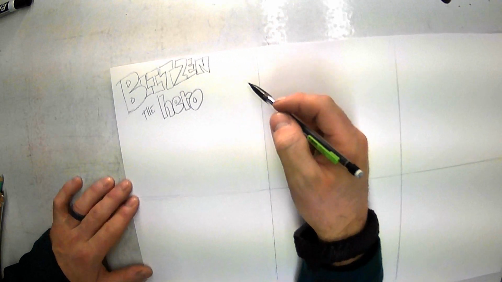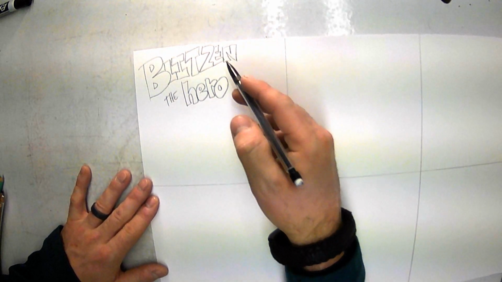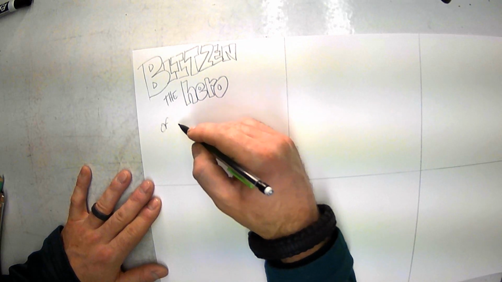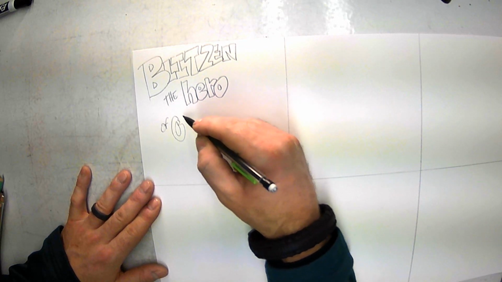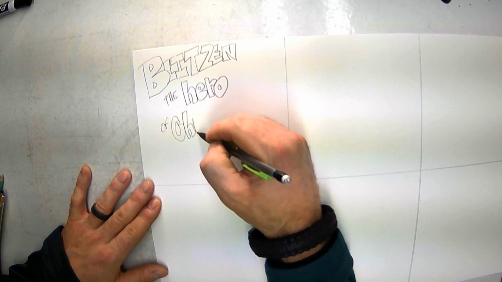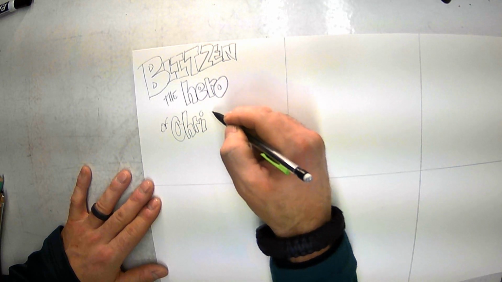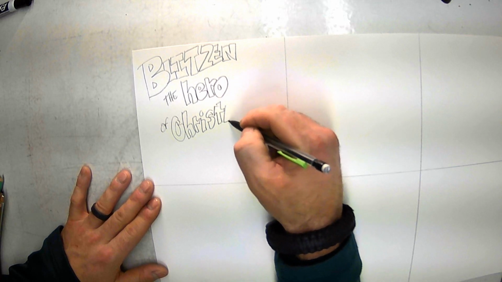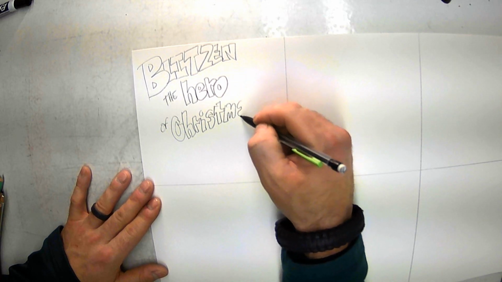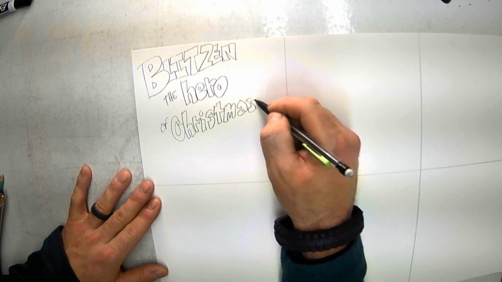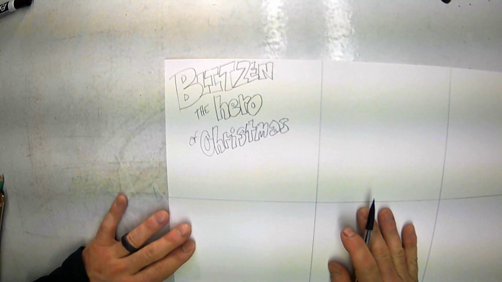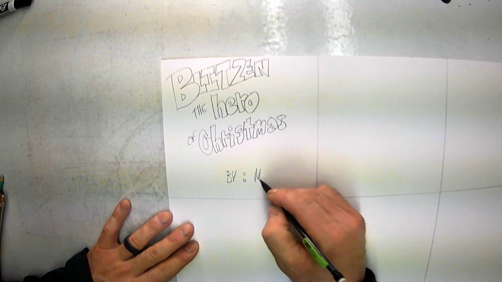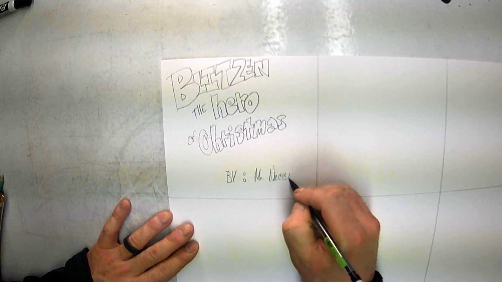Words like the, at, they can be lower or can be single lines. Of. Okay? And then you also have to put by, dot, dot, your first name and your last name.